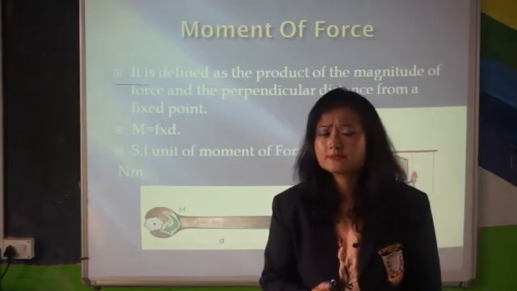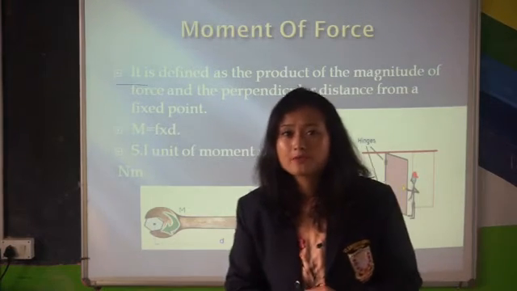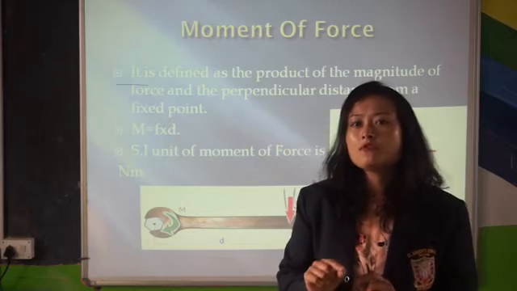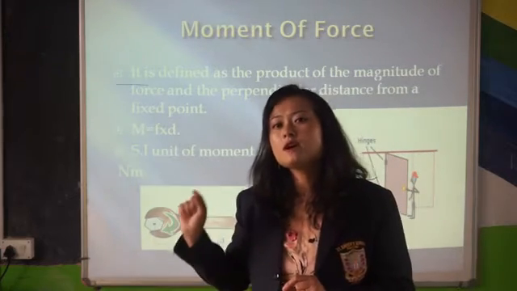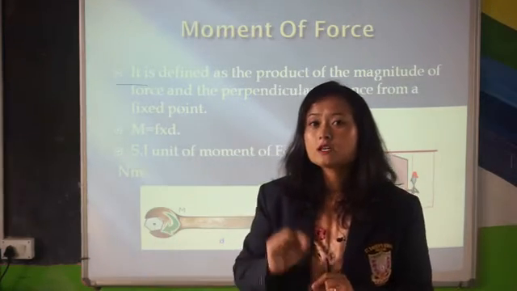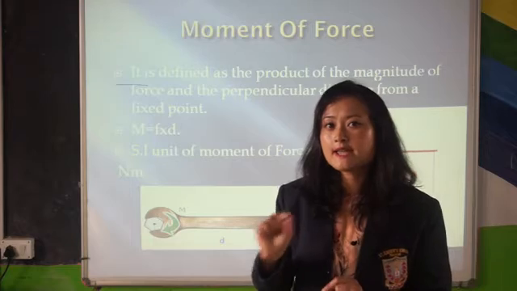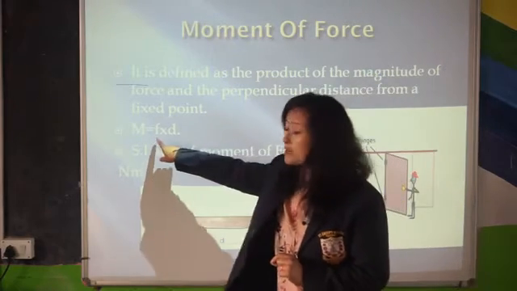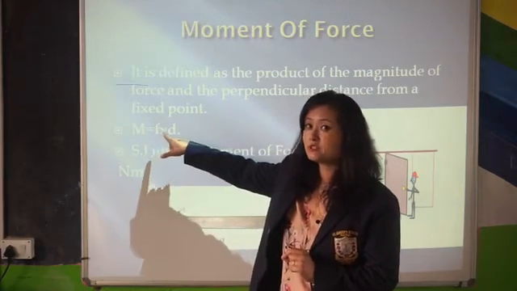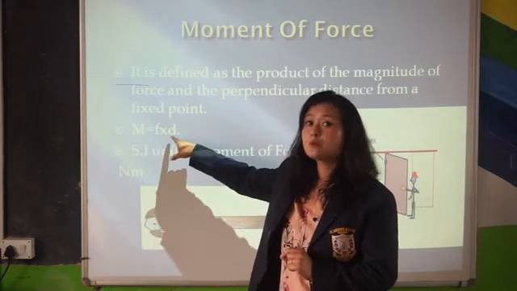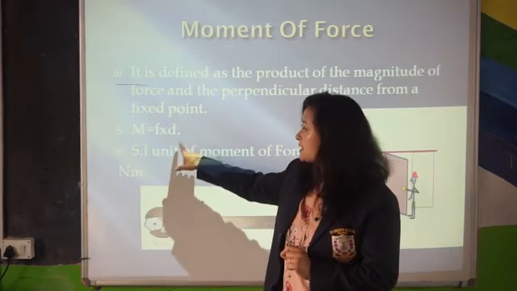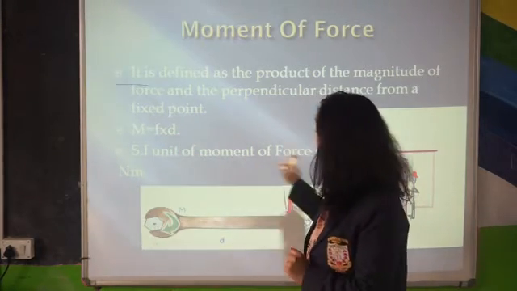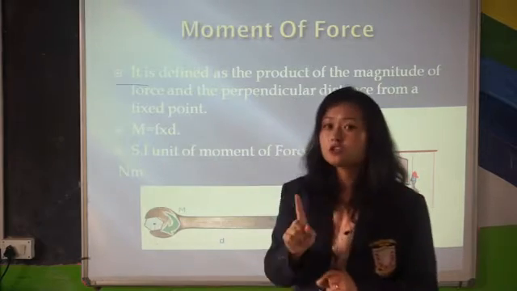Now please remember this. The formula for work done is also force into distance, and the unit of work is joule. And the same expression is for moment of force, that is force into perpendicular distance. But the unit of moment of force is Newton meter and it is not joule.